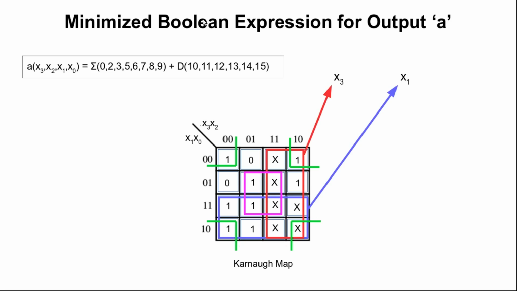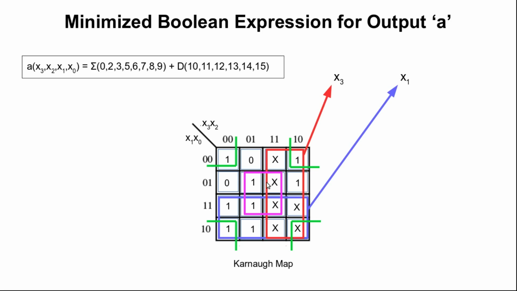The same thing will happen for the red colored group. I am not showing the intermediate steps, and it's not actually required to list all the intermediate min terms. You can directly compute this product term once you are comfortable with it, because as you can see, the red colored group consists of 8 cells and all the 4 rows are involved.